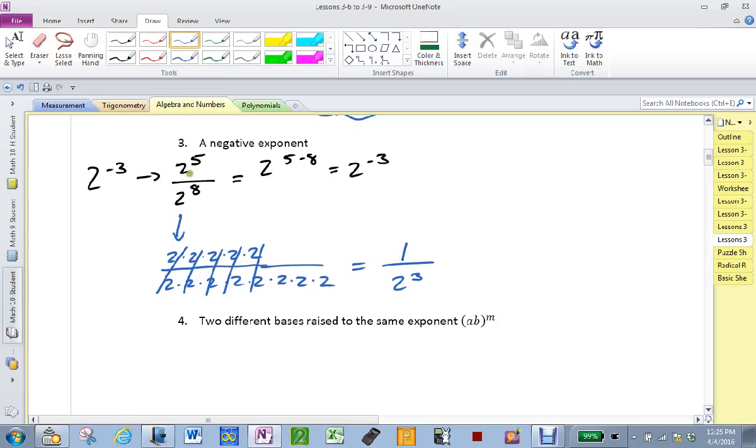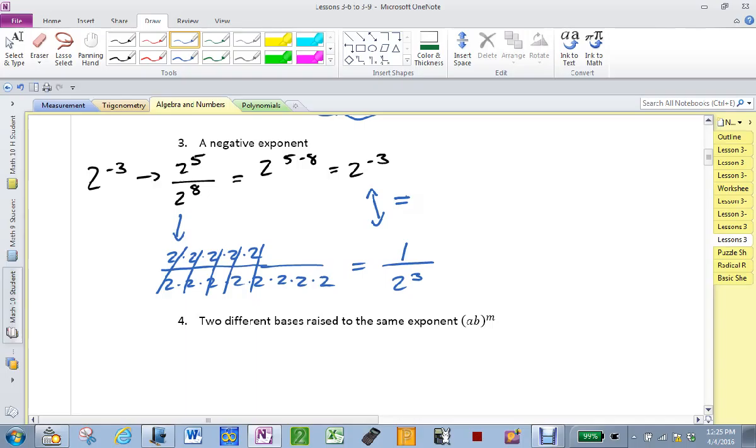If this equals this, which equals this, which equals this, and this equals this, which equals this, which equals this, what do we know about these two things? What are they? They are equal. Does everybody follow the logic?